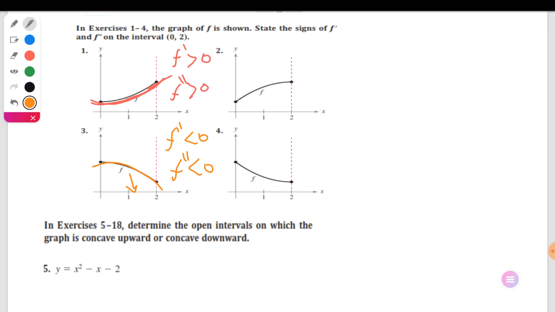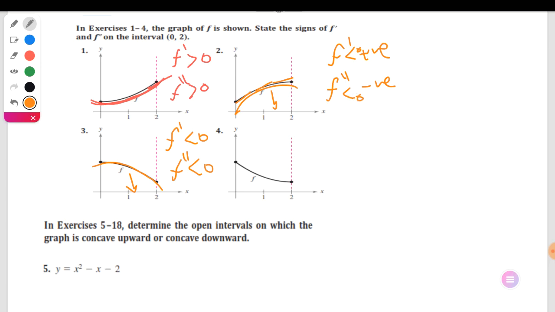Okay, here, another one. If I draw the tangent, as you see, it's positive, so the first derivative is positive. Since it is concave downward, the second derivative is negative, or in another way, less than 0.